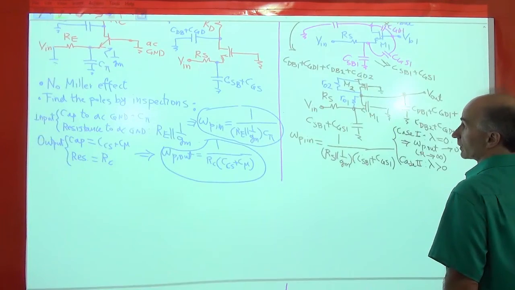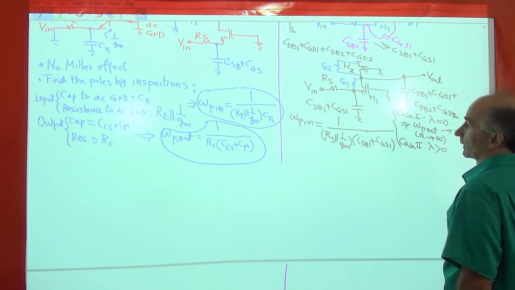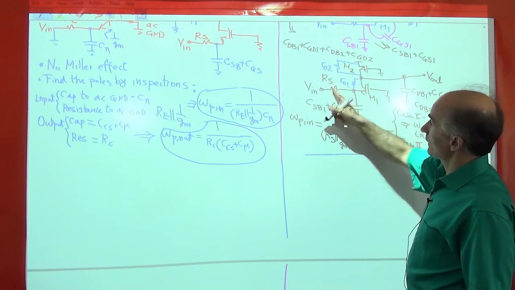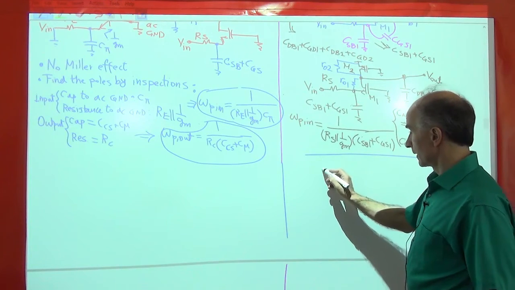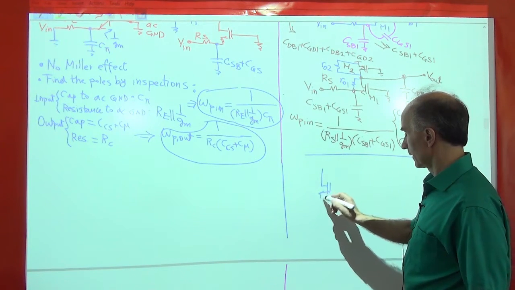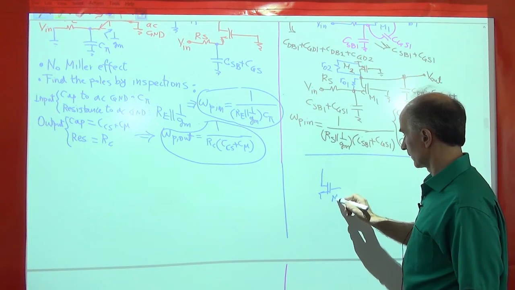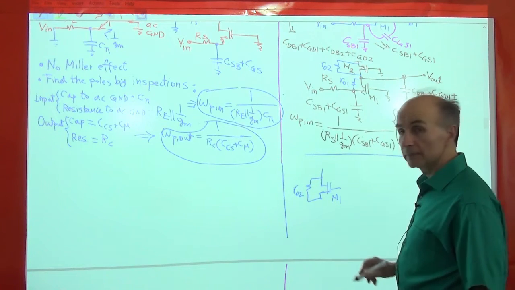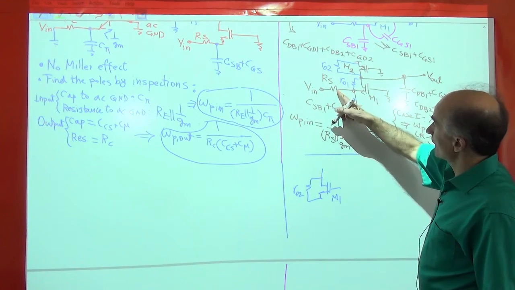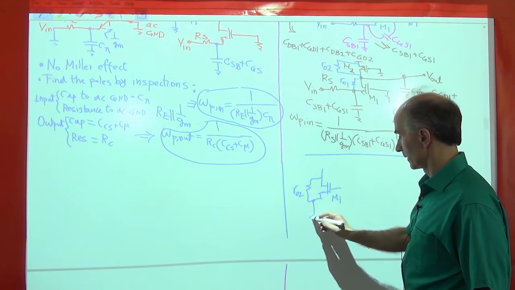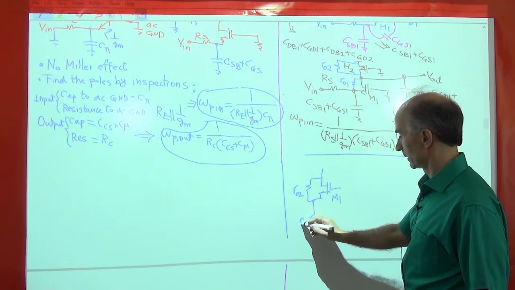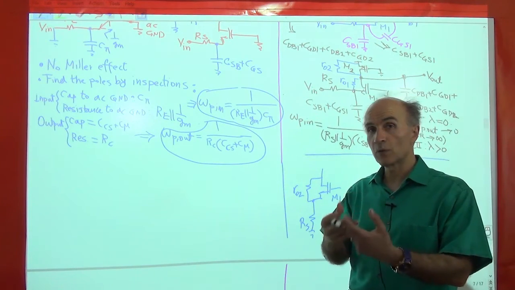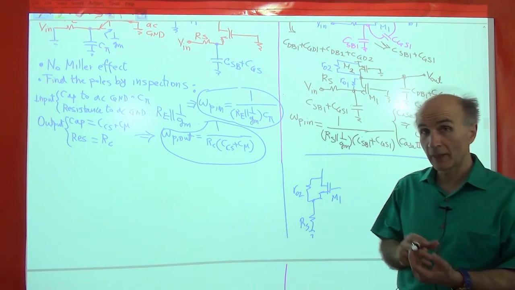In fact, I can just scroll up a little bit here to keep everything. Okay, so let me redraw this part of the circuit so that you can see. I redraw the circuit. Here's M1, right? Here's resistance RO2. So far so good, right? Let me just draw this vertically, RS. And remember, when we are finding poles by inspection, we set all independent sources to 0.